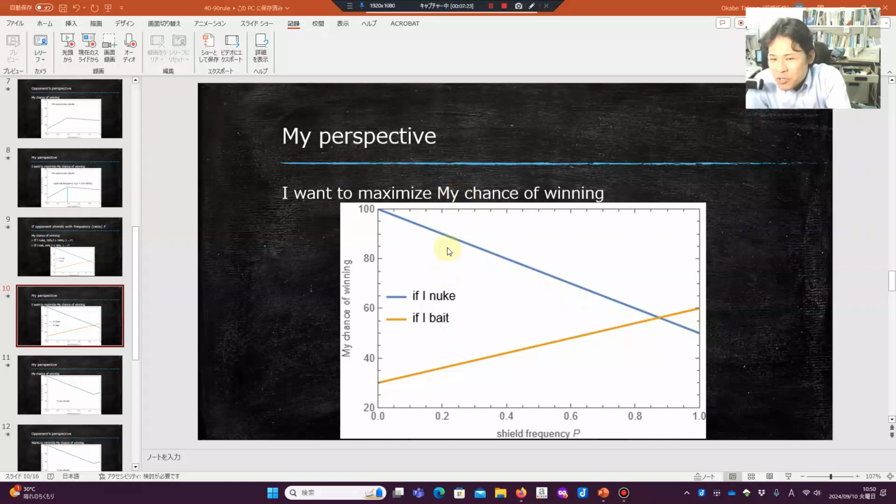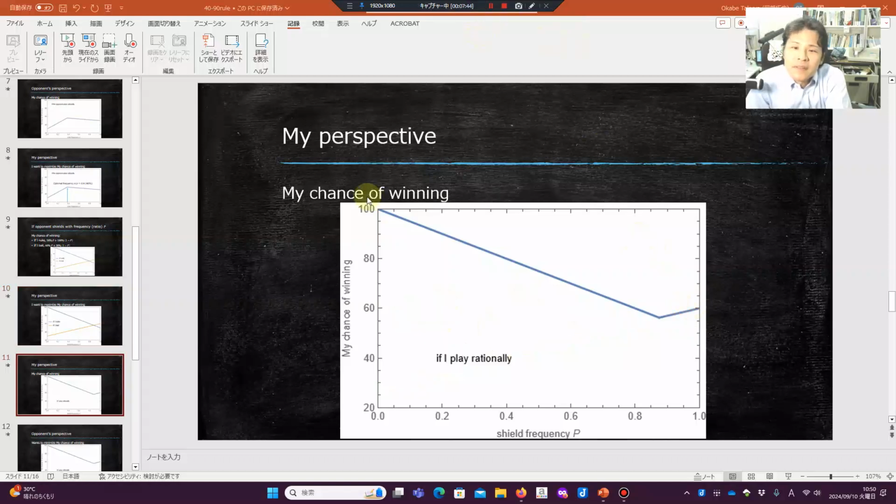So my choice is to throw a nuke if capital P is less than 90%. And if capital P is above 90%, I should bait. So as a result, my chance of winning becomes like this if I play rationally.